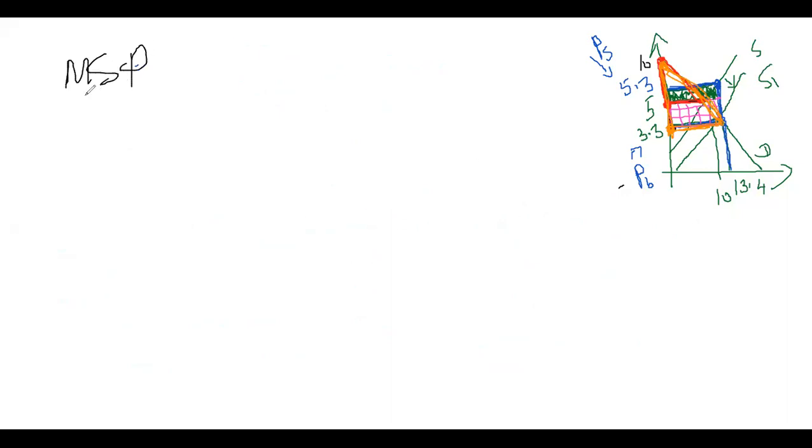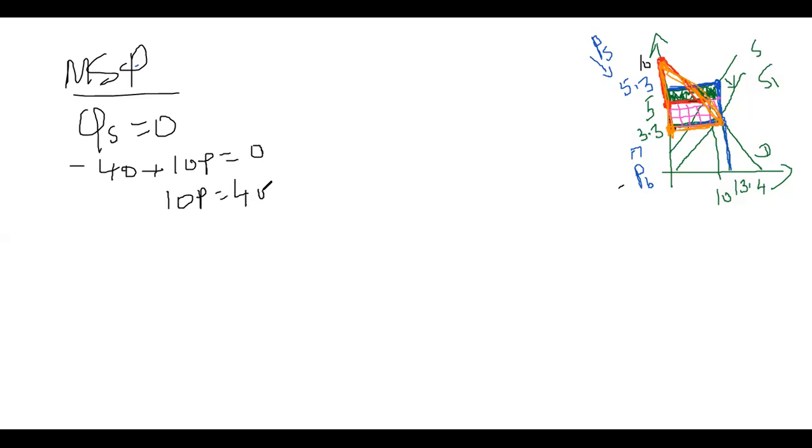Here QS is minus 40 plus 10p equals 0. So 10p equals 40. So price equals 40 over 10, which is 4. So our minimum supply price is 4.